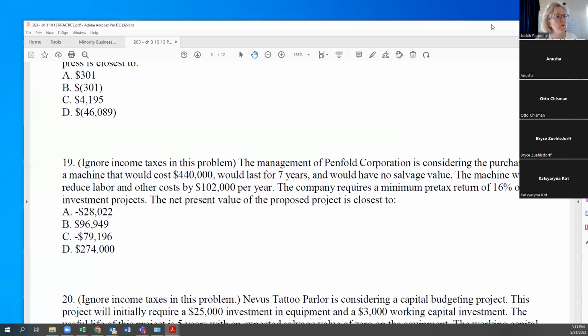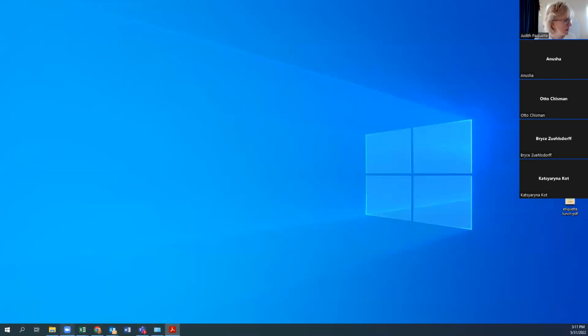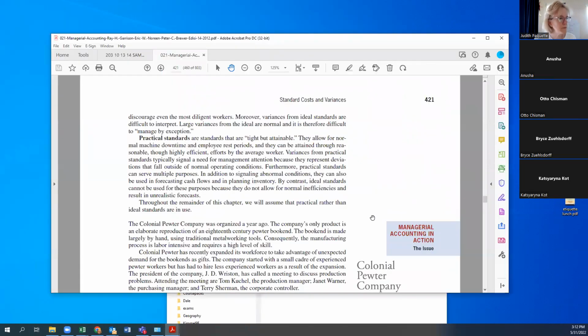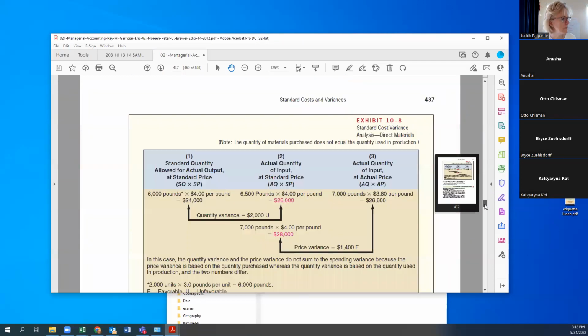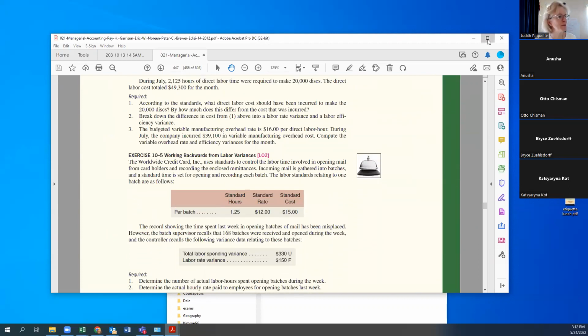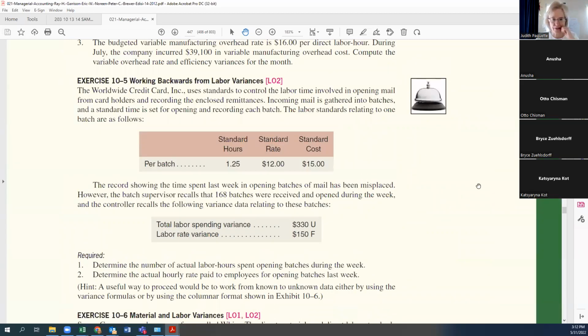And let's go to the homework. Let's go look at the homework. I'm going to bring that up. I think I know what homework problem you're talking about. Let's see if I'm right. Chapter 10, question 5. Okay. Yeah, this one. This is a good one. Working backwards from labor variances. Okay.